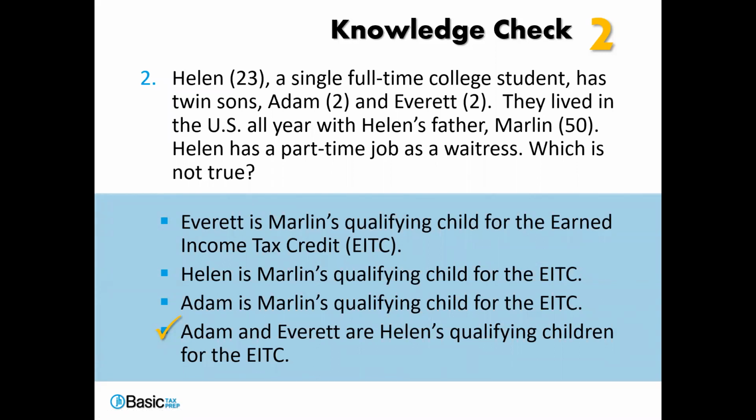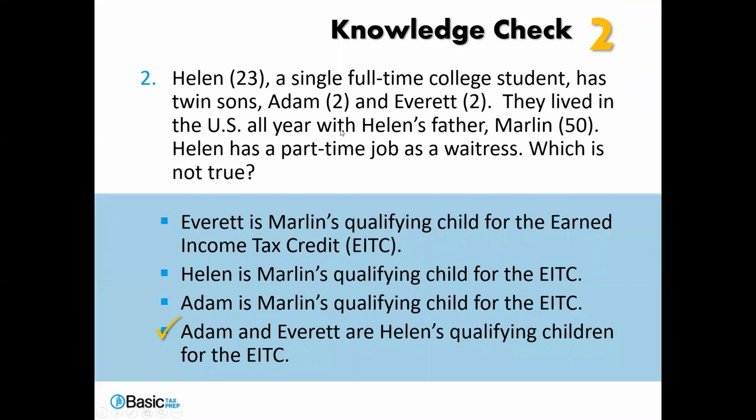Adam and Everett are Helen's qualifying children for the EITC. Well, they're not her qualifying children. They're her father's qualifying children, I think. Yeah, that's right. Remember one of the requirements for EIC is must have lived with you in the U.S. more than half the year.